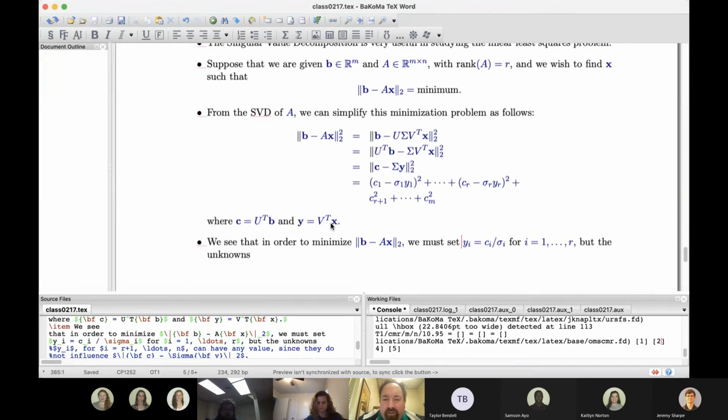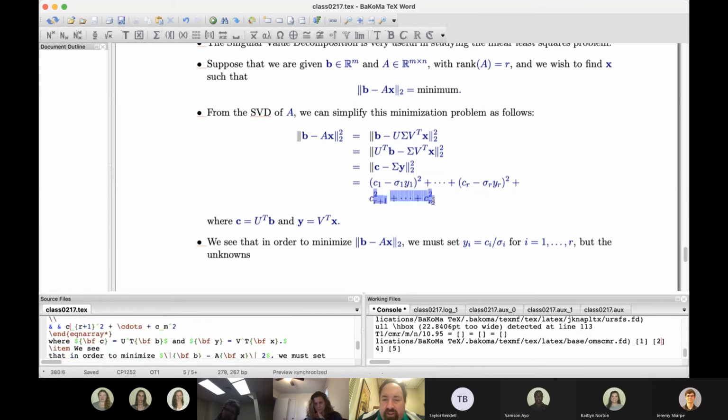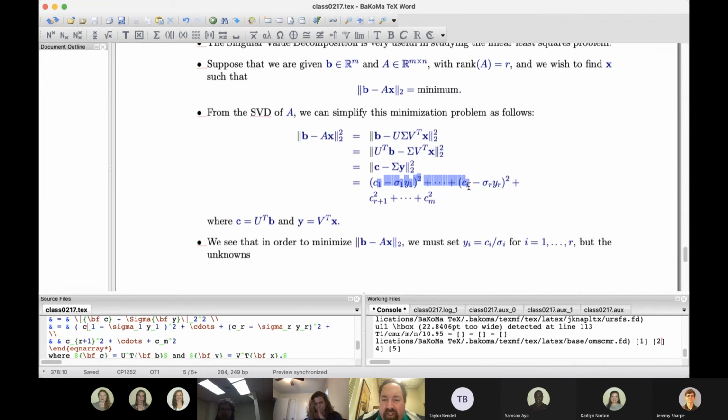It's related to x, my solution. So I can choose y to make each one of these equal to 0. Now these I can't do anything about because c is given, because it comes from multiplying a given vector b by U transpose. So these I have to let go, but these I can make 0.